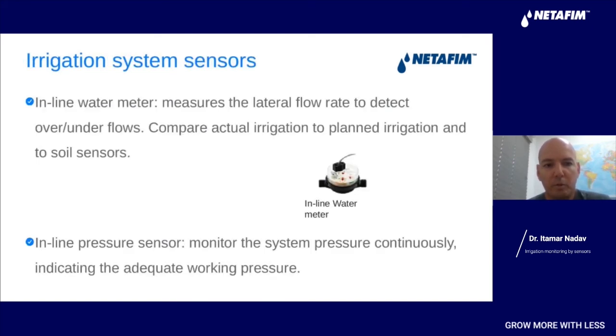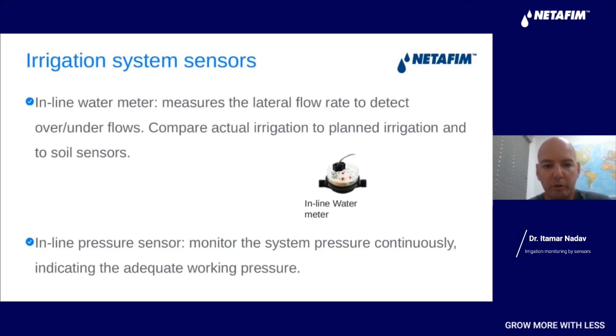And we have another type of sensor, which is irrigation system sensors. We have inline water meters that measure the water flow in the laterals, and you can actually compare if we gave the exact amount of water as we intended. Sometimes we have irrigation problems like water loss or pressure loss, and we don't actually give the entire amount of water as we plan to.